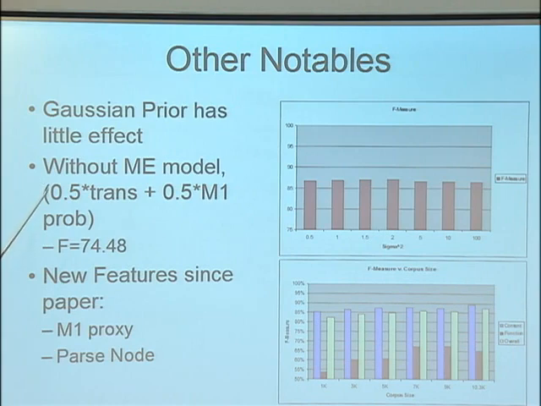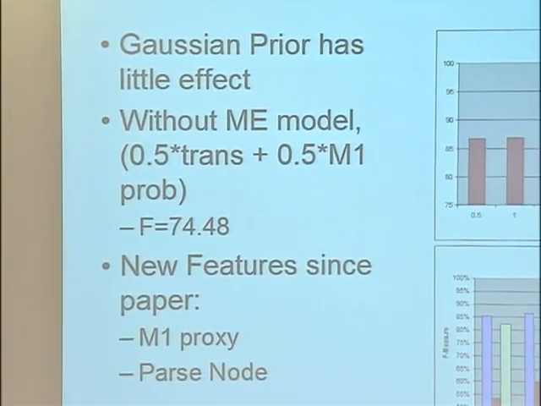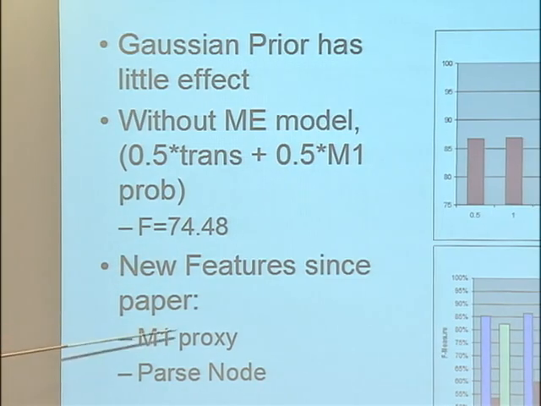We tried to do a line search for the variance parameter. It doesn't seem to do much. Without the Maxent model, if you go back to the original equation, you can just remove the Maxent portion and say it's just a transition cost plus a Model 1 cost. You get an F measure of 74, which is a little worse than HMM.